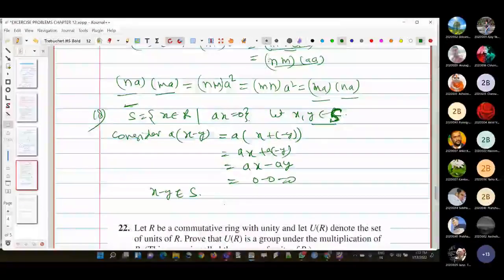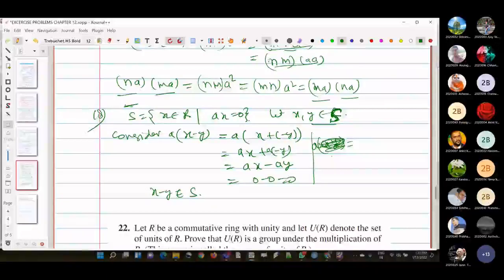Is there anything left to prove that this is a subring? The product. We can multiply it from the left.